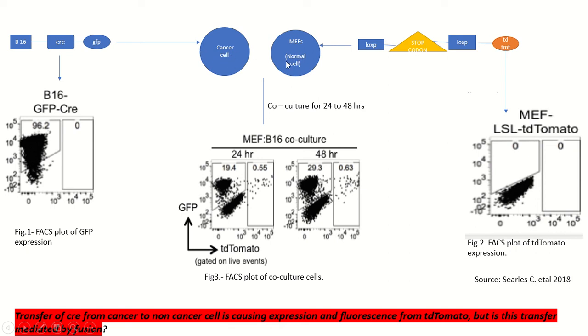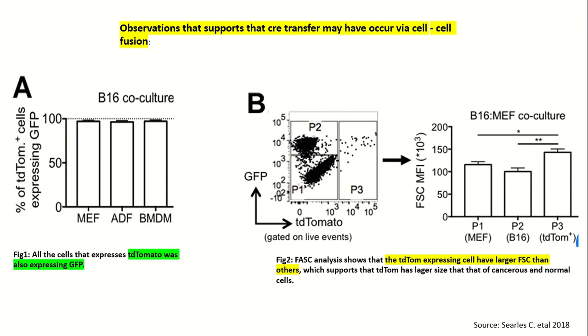Because there might be one possibility that the cancerous cell is secreting Cre protein that is going into the normal cell. So in order to confirm that the tdTomato-expressing cells are actually the hybrid product of the two, two other results gave them a direction.